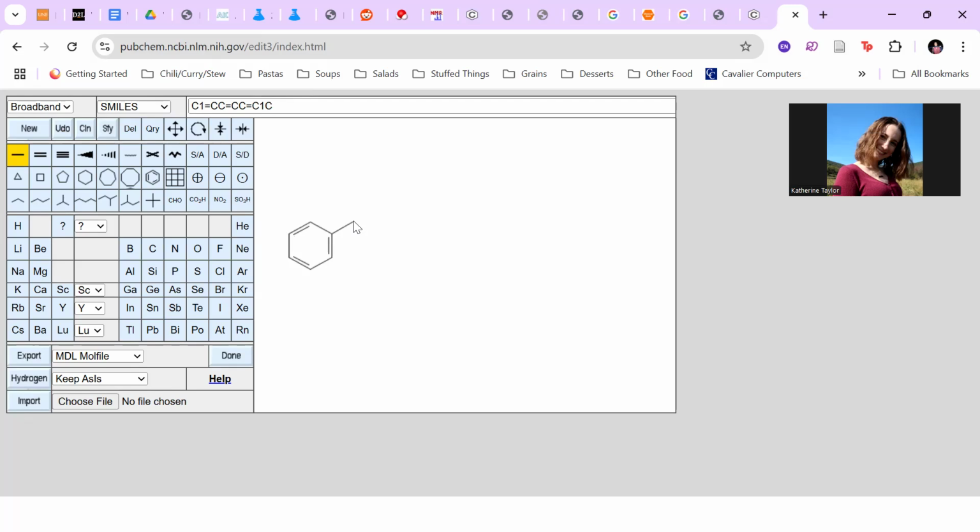It could either be an sp3 CH2 carbon, or it could be our carbonyl carbon. But like I mentioned on our last slide of the presentation, we not only know that the CH2 carbons cannot be next to each other, they're also on opposite sides of the carbonyl carbon. So this carbon right here is going to be one of our sp3 carbons, and then the next one will be our carbonyl carbon. So I am just going to draw this here so that the double bond can be vertical.